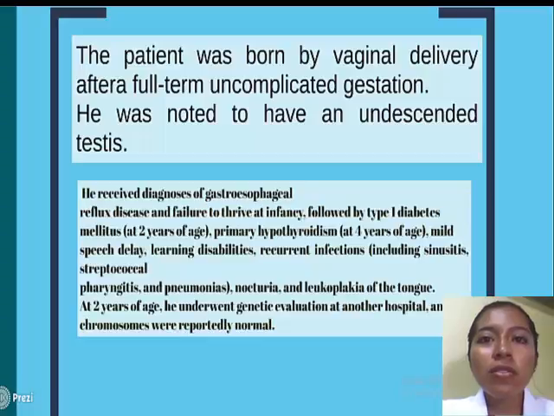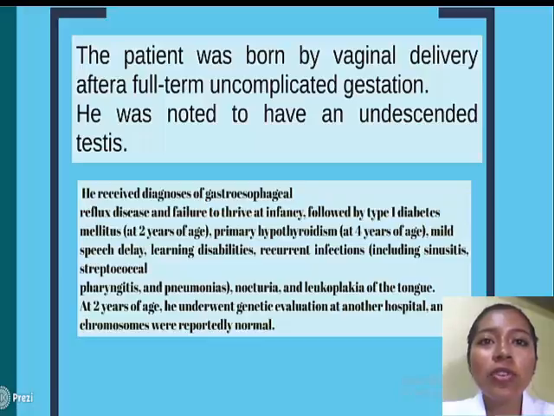He received a diagnosis of gastroesophageal reflux disease and failure to thrive, followed by type 1 diabetes mellitus, primary hypothyroidism at 4 years of age, speech delay, learning disabilities, recurrent infections, peritonitis and pneumonias, and leukopenia.